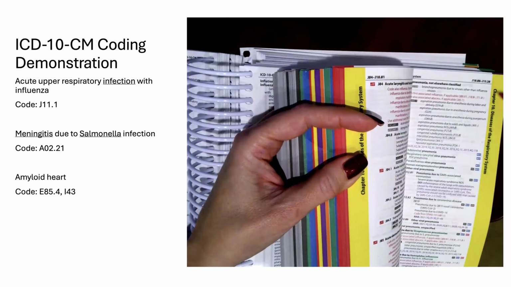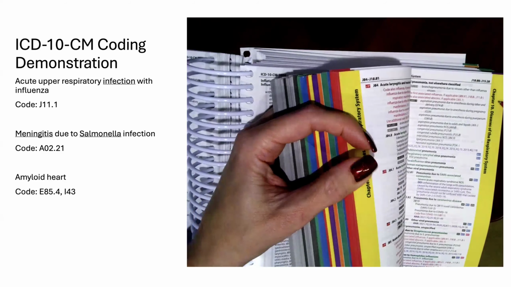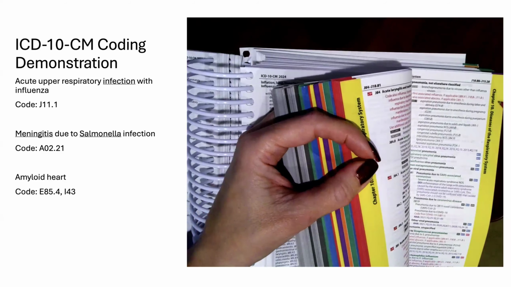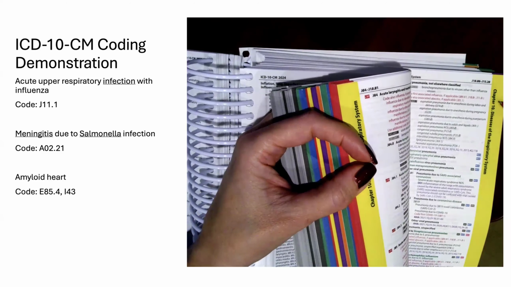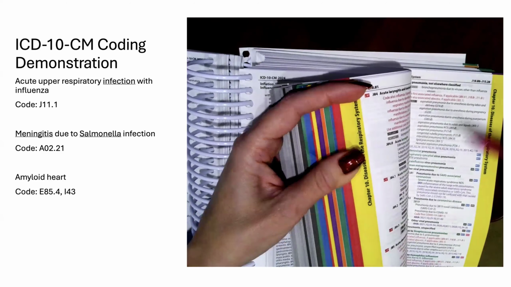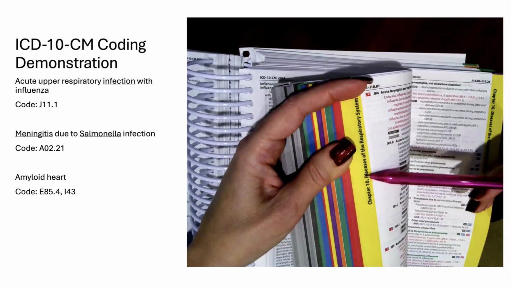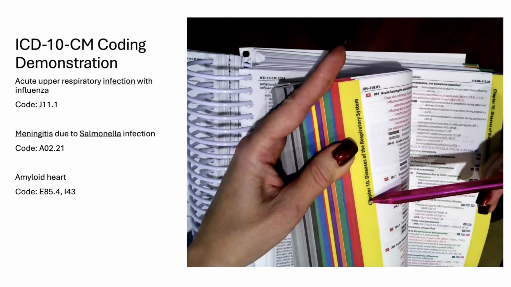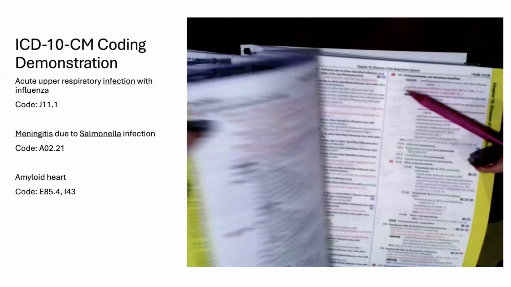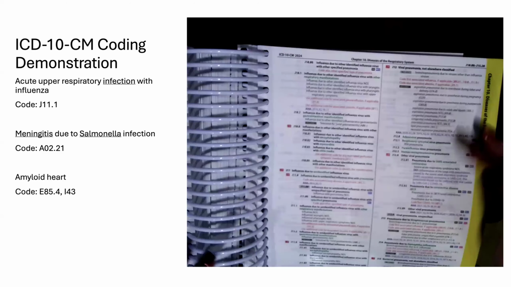That's what chapter of ICD-10 I'm in. Remember, whenever you're coding from a chapter, go look at those chapter specific guidelines. This is how you'll know what chapter you're in, because it tells you right here, chapter 10, diseases of the respiratory system. I'm looking for J11.1.